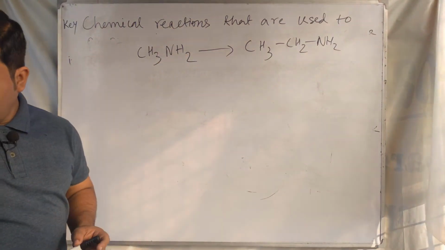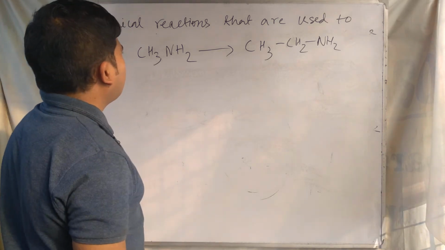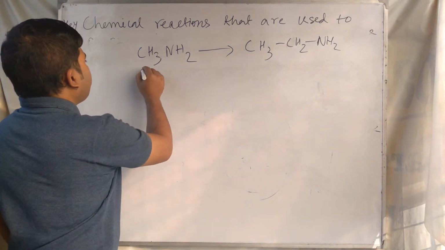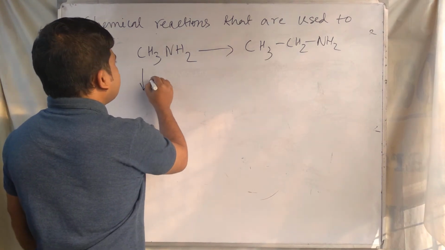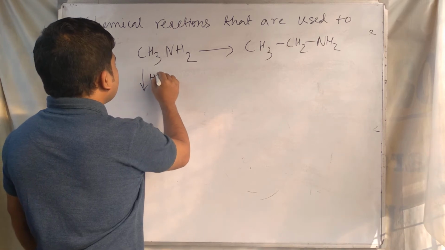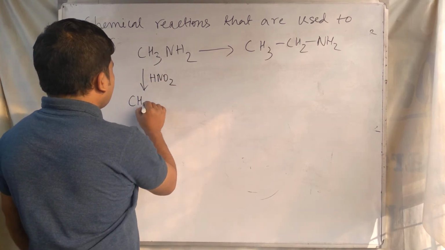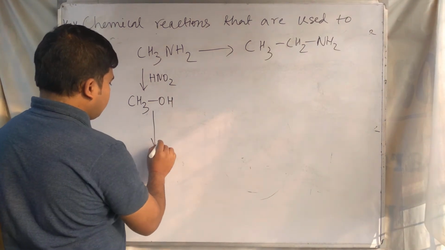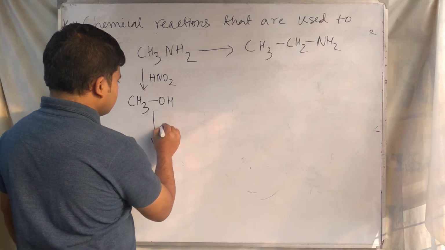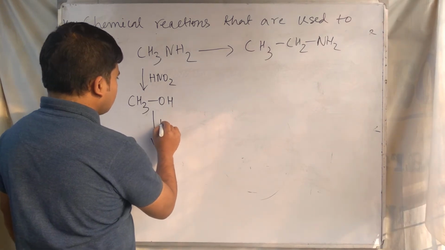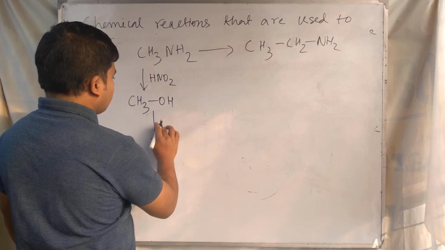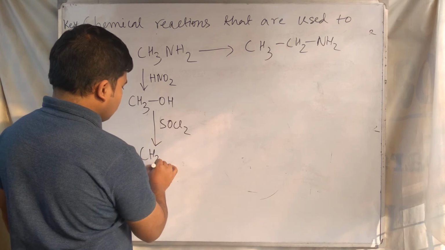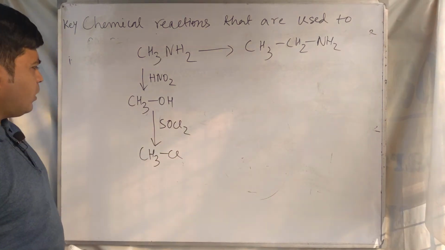Suppose we have the same problem and we want to carry out this conversion using the Birch reaction. At that time, at first you have to change it to alcohol, then alcohol you have to change to methyl chloride.